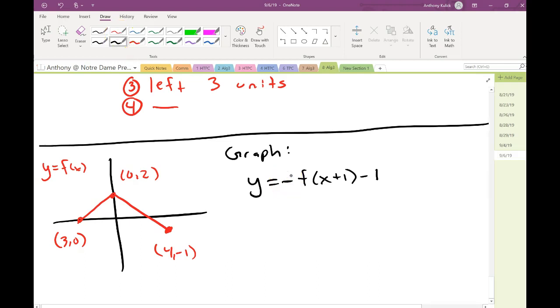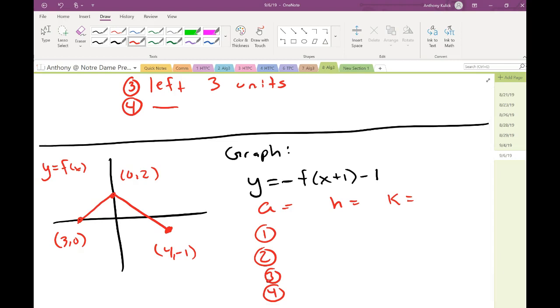Put a negative sign there. Okay. I'm going to start the same way I did before. Write down my values for a, h, and k, and then describe my transformation. And then I'm going to use that description to graph my new resulting function. Everybody okay with that plan?